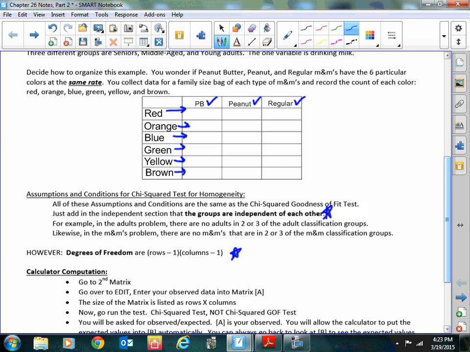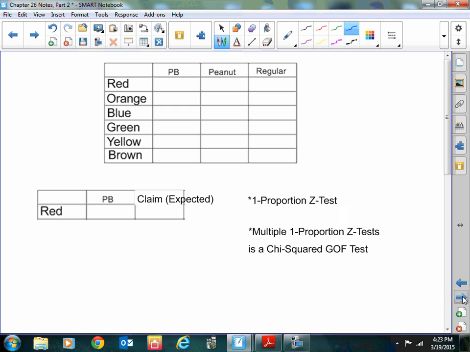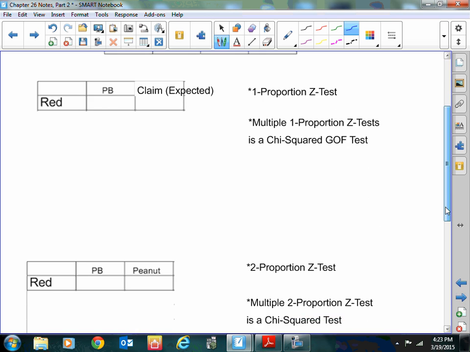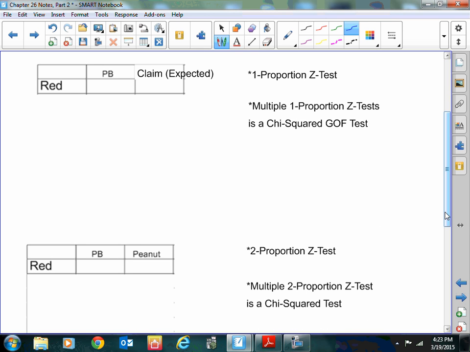Okay, so I kind of want to just do a little theory concepts right now with you. I want to first talk about this stemming from just a one proportion z-test.